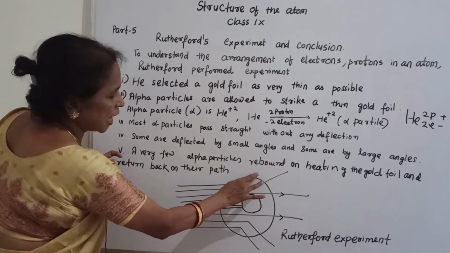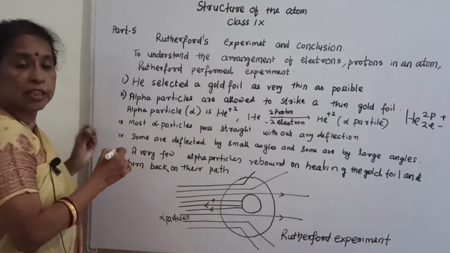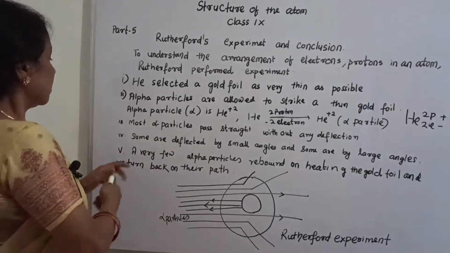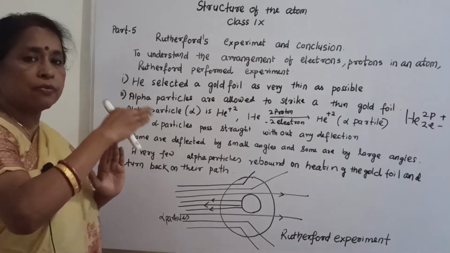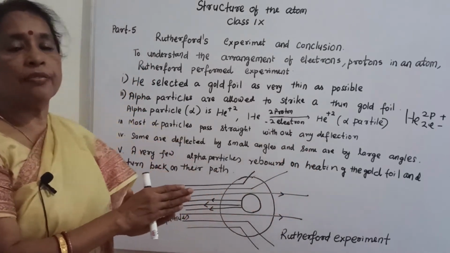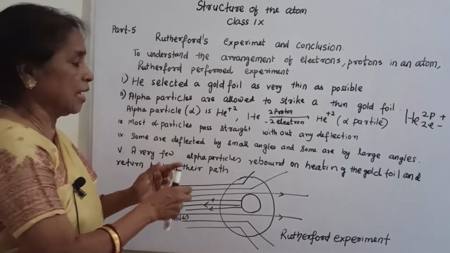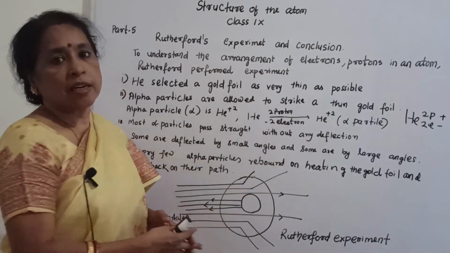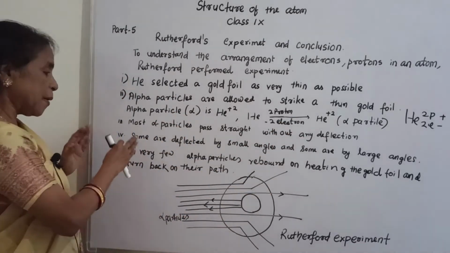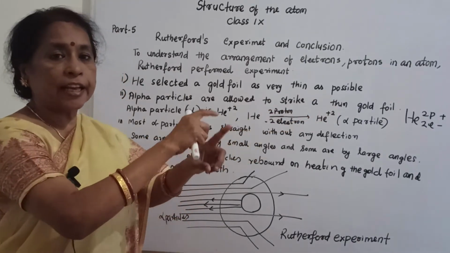Most of the alpha particles move in a straight line without deflection, few are deflected by a small angle and by a large angle, and a few particles rebound on hitting the gold foil.